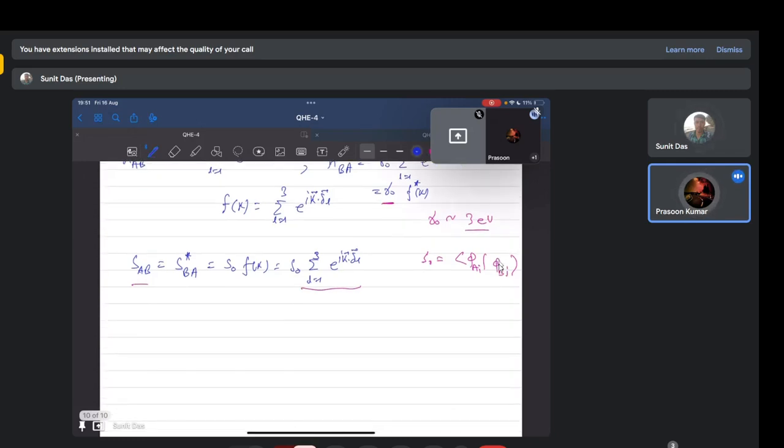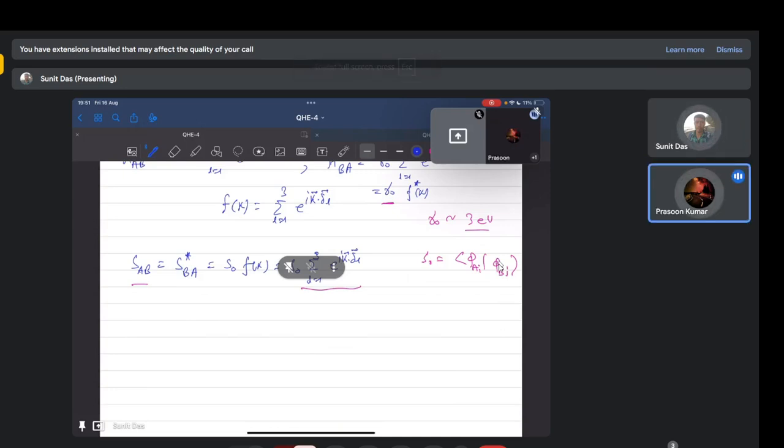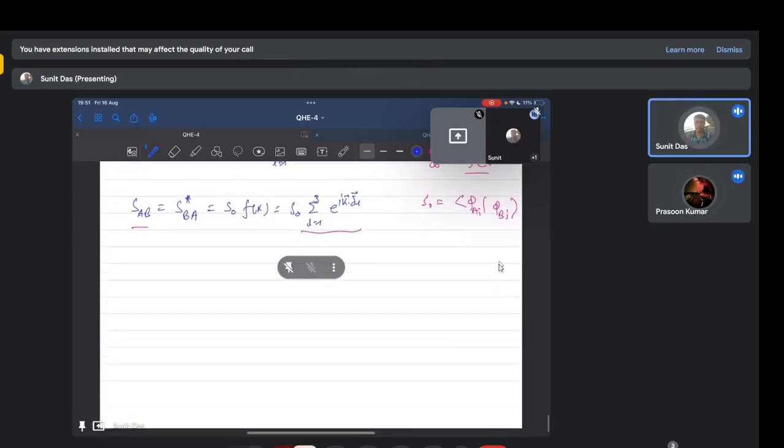Okay, so this was the S. We have two matrices now: epsilon A, gamma 0 f of k, gamma 0 f star of k, and then epsilon B. As I said, epsilon A and B are almost the same in our case, isotropic.